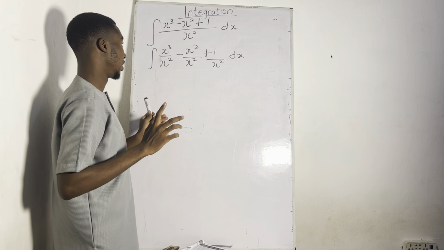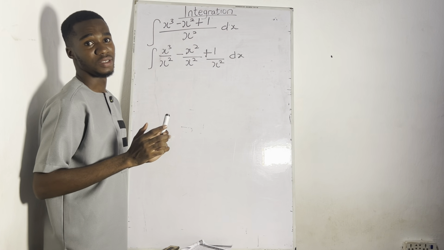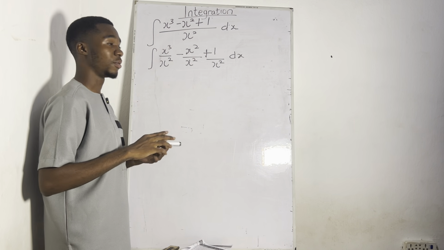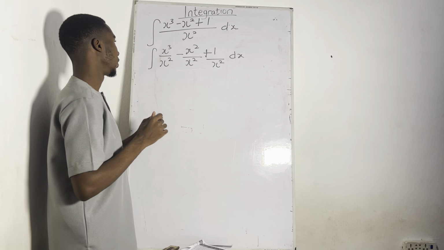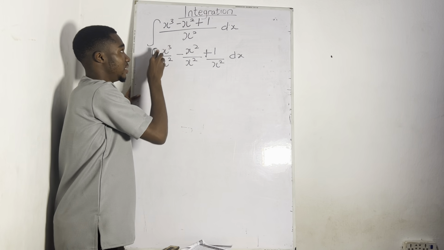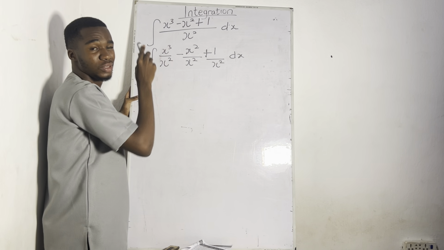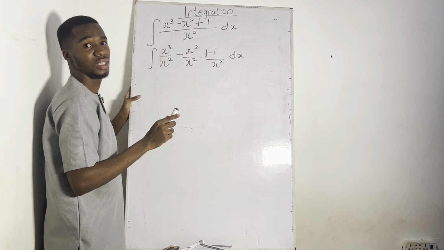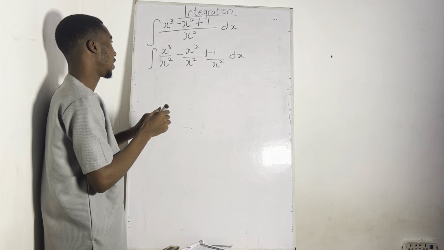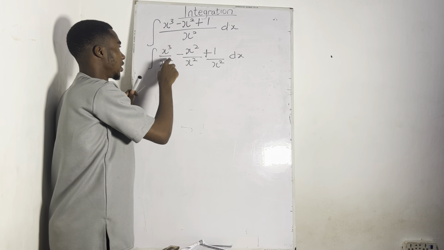So now what does this mean? Per the laws of indices, and another thing you need to know in integration is that you'll be applying a lot of the laws of indices. So please go and revise them if you are not really conversant with it. So per the laws of indices, if you have the same base and they are dividing, you subtract the exponents. You get it? So the top one minus the bottom one. So what this means is that you have x exponent 3 over x exponent 2.